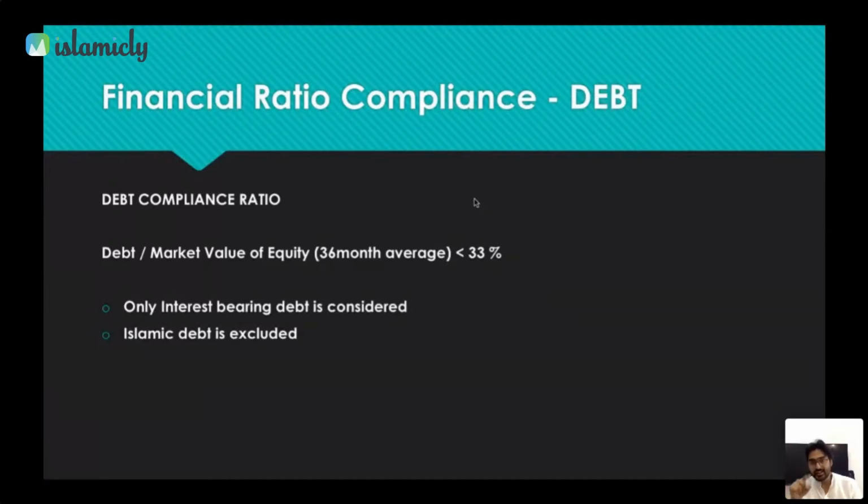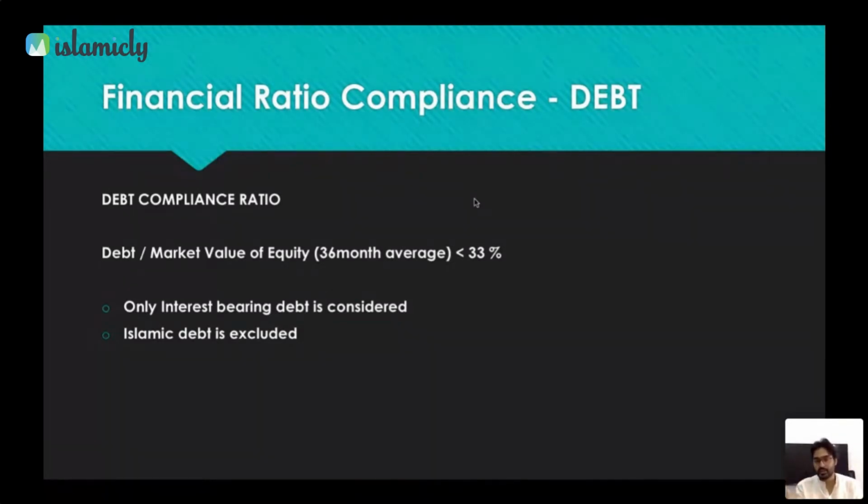Now, the ratio here is not the interest expense that you're paying against 33% of market capitalization. No, it is the entire debt value. So the interest that you pay on this is way lower. It's not 33% of your company's market capitalization. So that's what the Sharia scholars say.